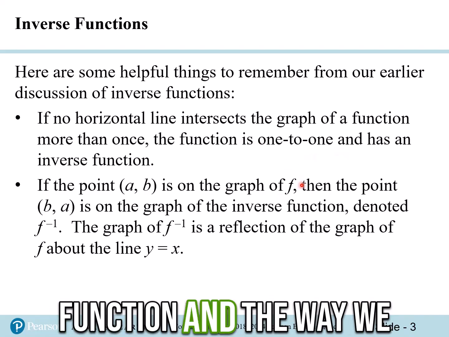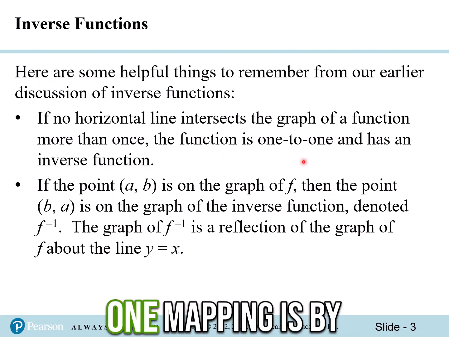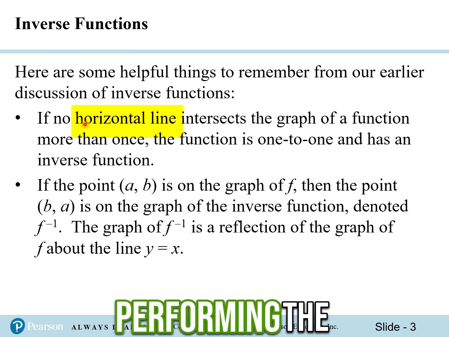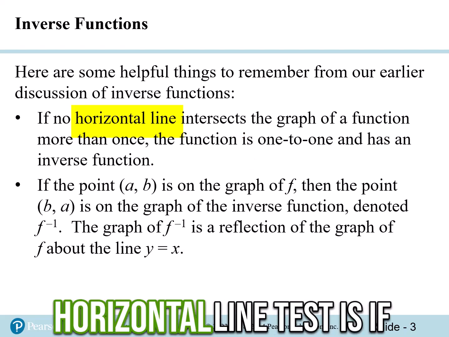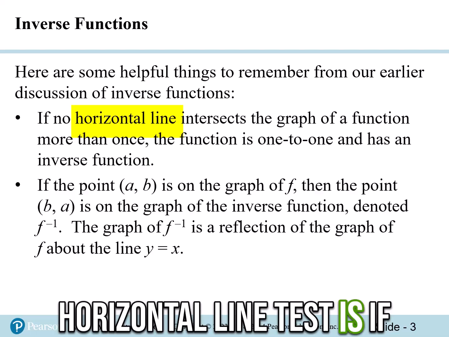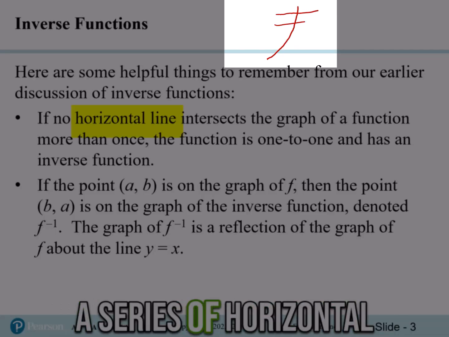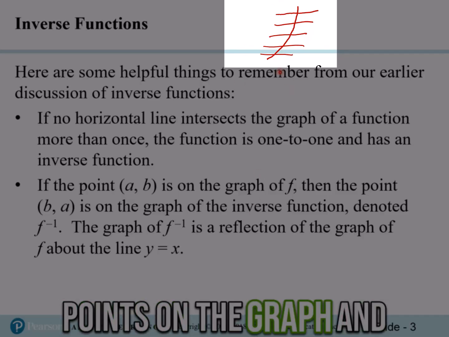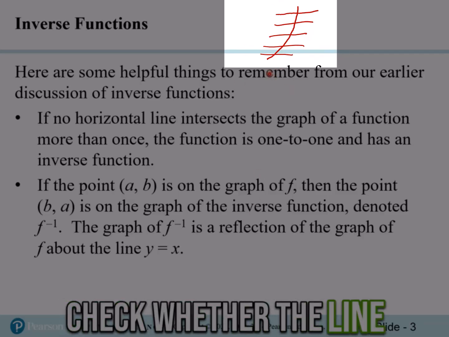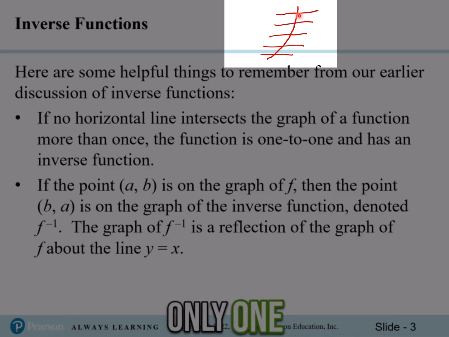All functions must satisfy that property in order to be regarded as a function. And the way we determine whether a function has that 1-to-1 mapping is by performing the horizontal line test. What we do in the horizontal line test is, if we have a graph, we draw a series of horizontal lines through different points on the graph and check whether the line intersects the graph at only one point.